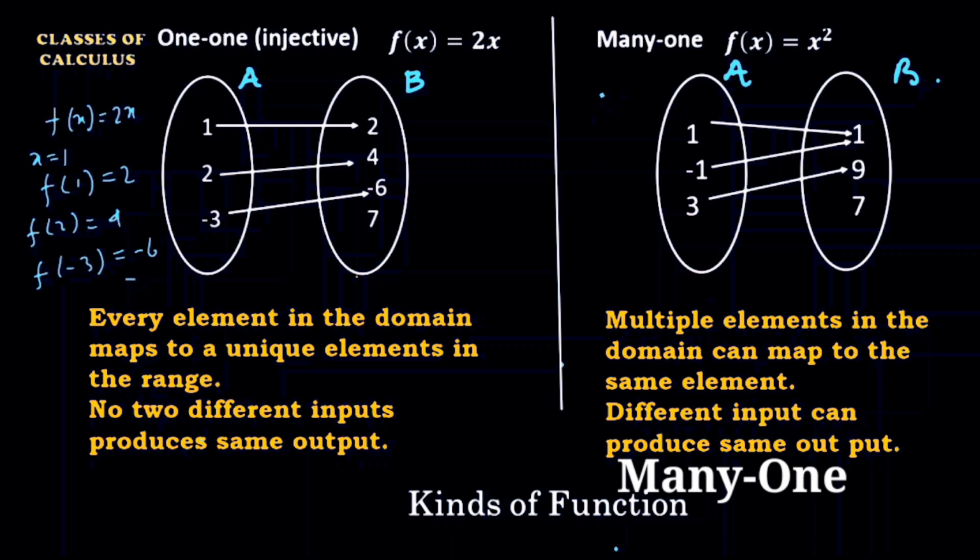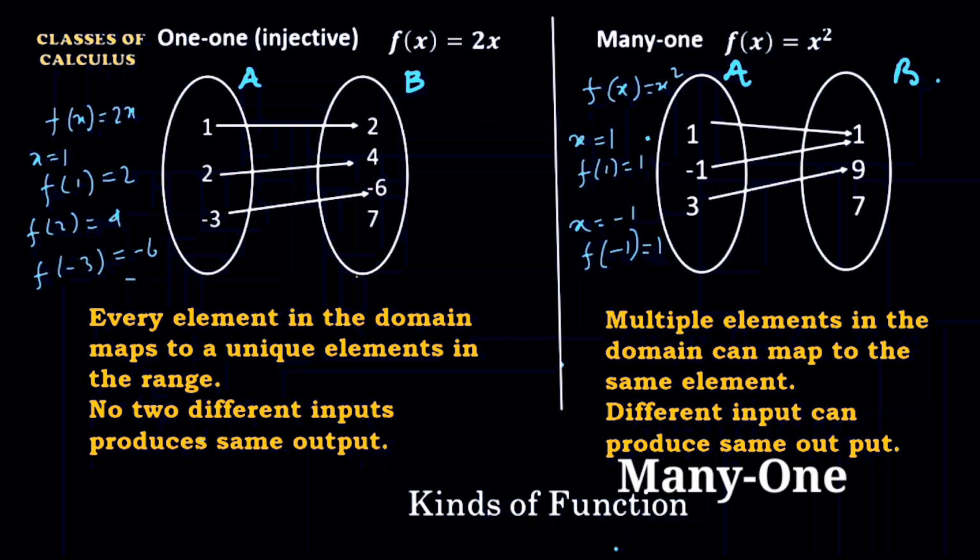For example, we have the function f(x) equal to x square. So we have input value x equal to 1, and we can write our output value f(1) is equal to 1. And for x equal to -1, f(-1) is also 1.